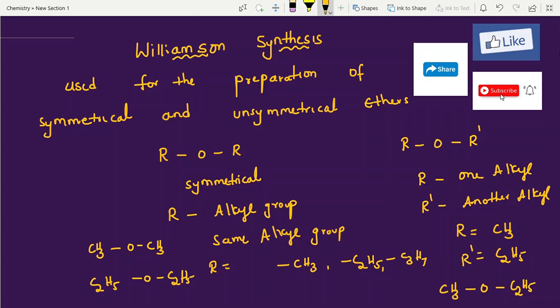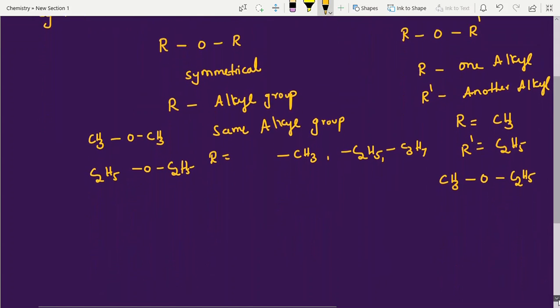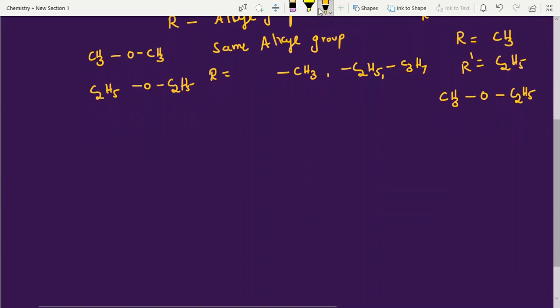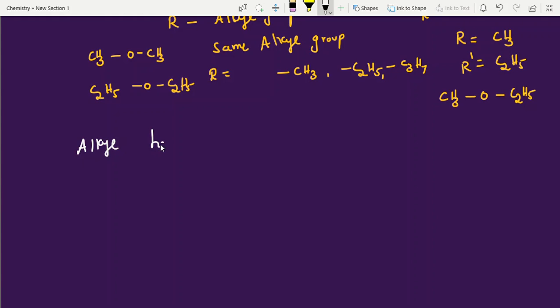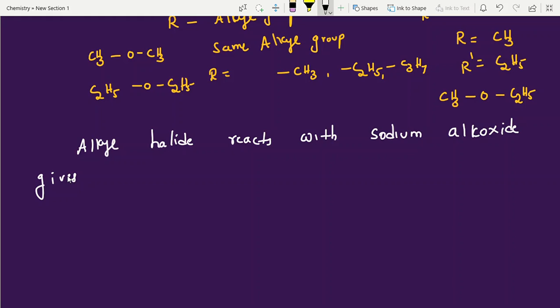How are we preparing? What is the starting material? What is the substrate we are taking? We will write: alkyl halide reacts with sodium alkoxide, gives ethers.